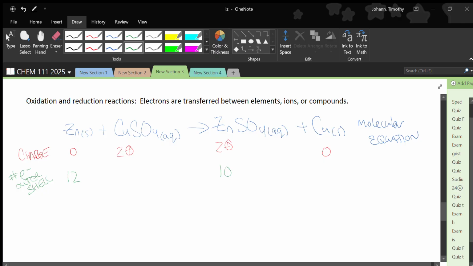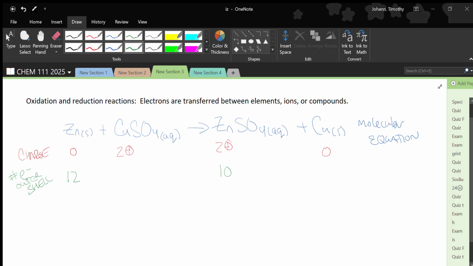Because you have to take 2 away to make it more positive. We're taking negatives away to make it plus 2. Does that make sense? And then the copper in the plus 2 state has how many electrons in that outer shell? 1, 2, 3, 4, 5, 6, 7, 8, 9, 10, 11, right? It has 11 in its outer shell when it is neutral, when it is 0.